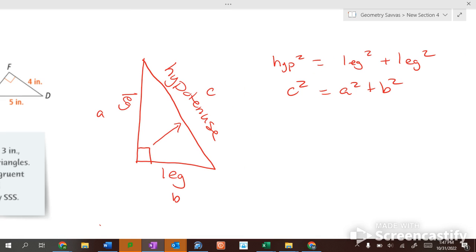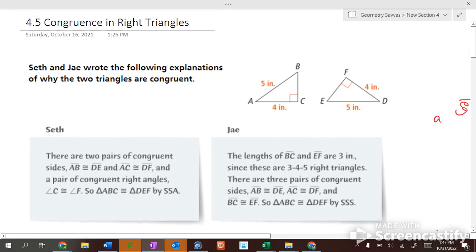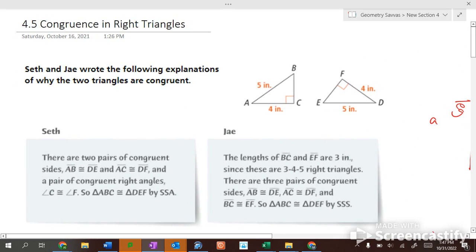We have two students in class, Seth and Jay, and they wrote explanations on why these two triangles are congruent. Seth said, if we have two pairs of congruent sides, I know that AC is congruent to FD and AB is congruent to ED, and we have a pair of right angles, so angle C is congruent to angle F, so by side-side-angle, they're congruent.